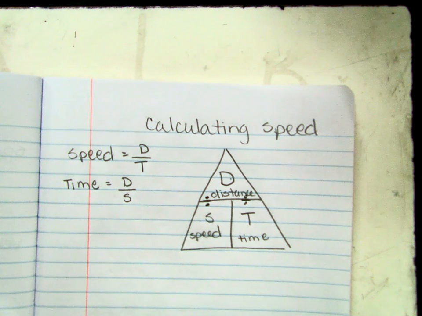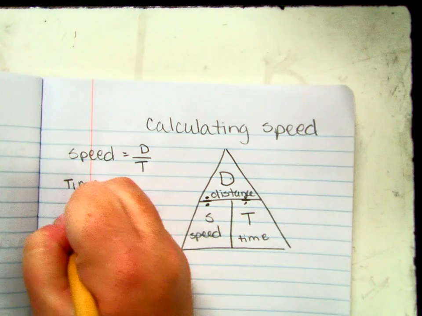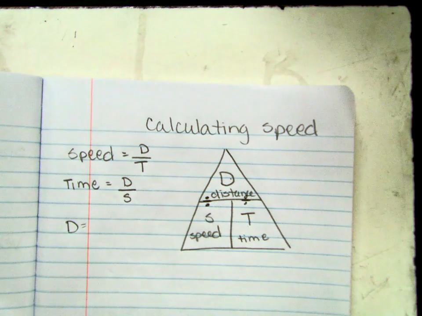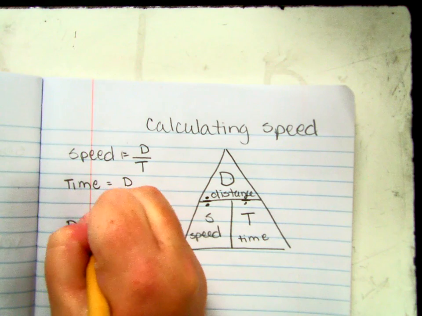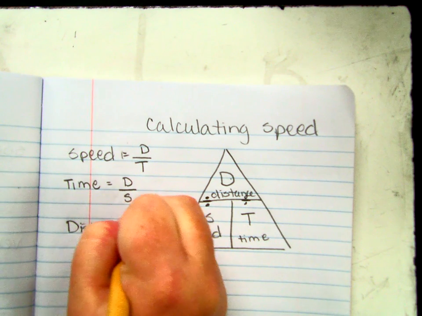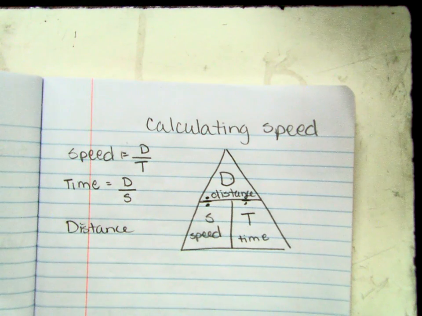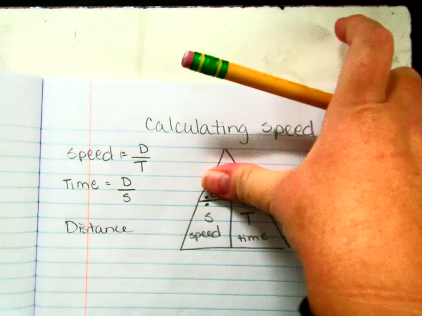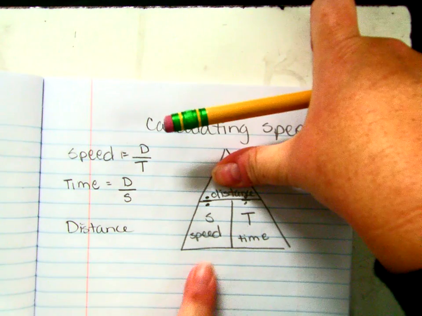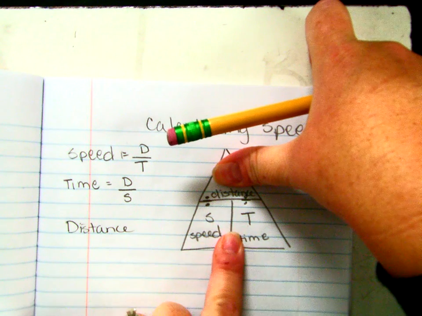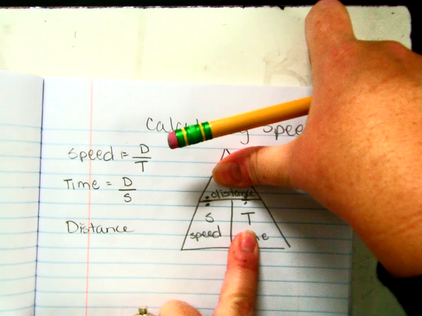Now, because there's 3 parts, there's one more thing I can find out from this triangle, and it is distance. I'm actually going to write that word out. And if I said, how far did the object travel? Far means distance, so I cover up my D. And in this case, I am now left with S, and it is next to T. And I want y'all to think about math.